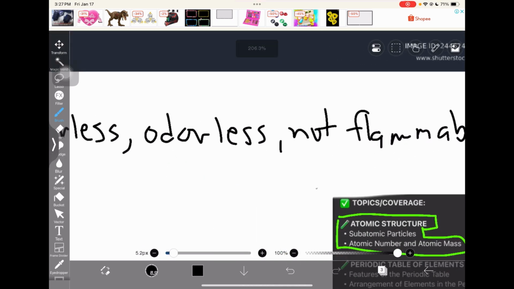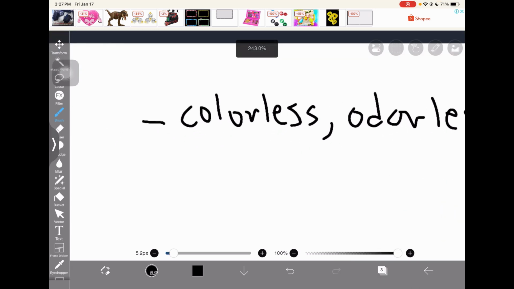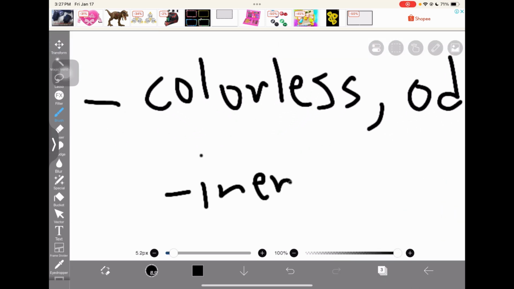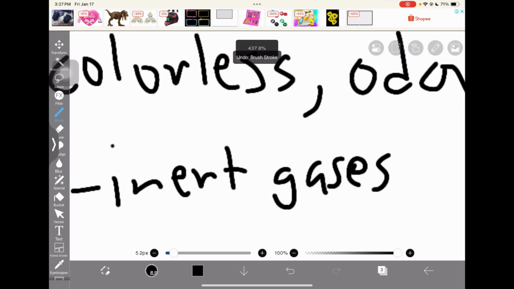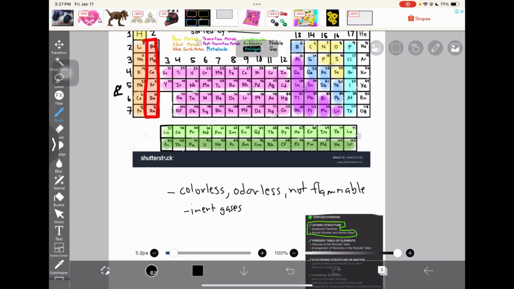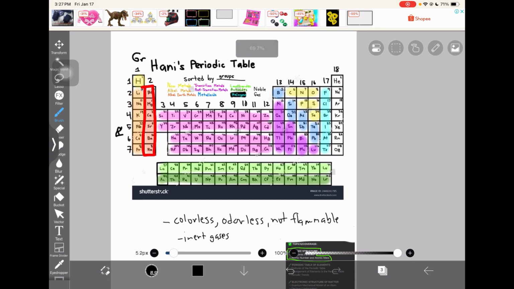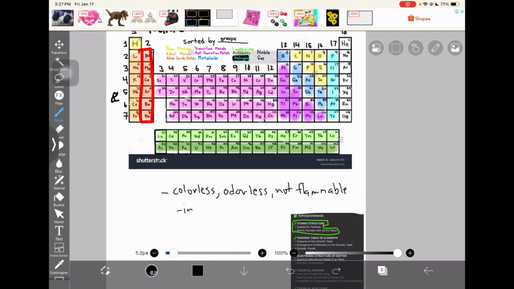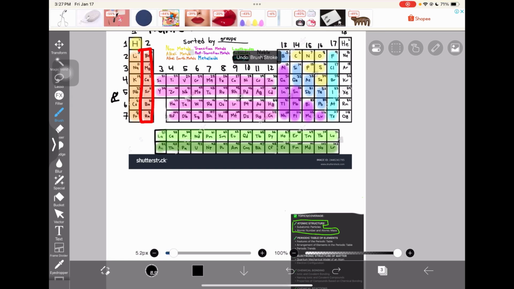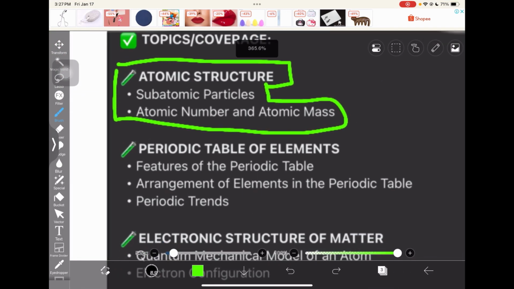They were so stable and so unreactive that these were initially called inert gases. Just remember that the noble gases are the pinnacle of stability in the periodic table. And as long as you memorize the four groups at the beginning, group 1, 2, 17, and 18, that's all you need to know here, you should be fine on the test. And we can tick this arrangement off.